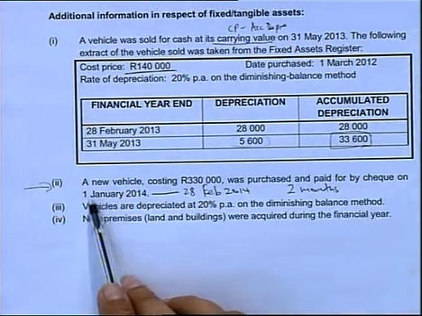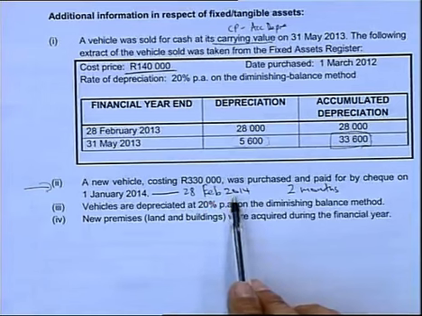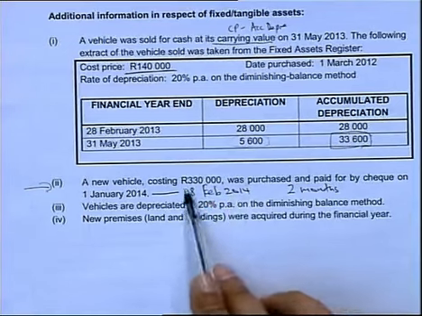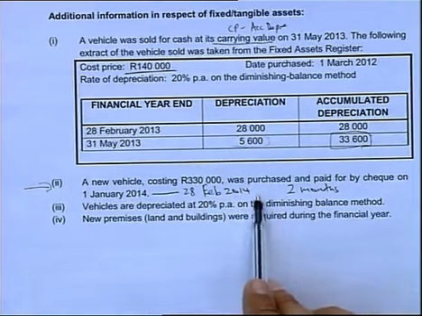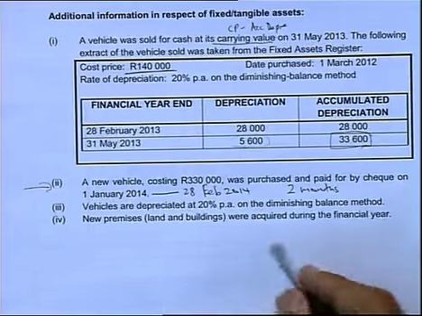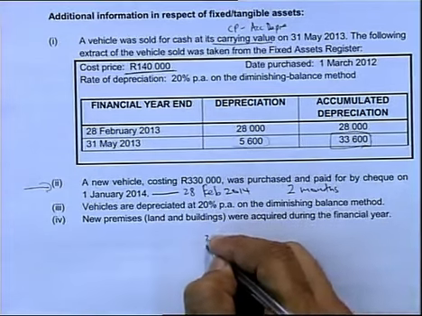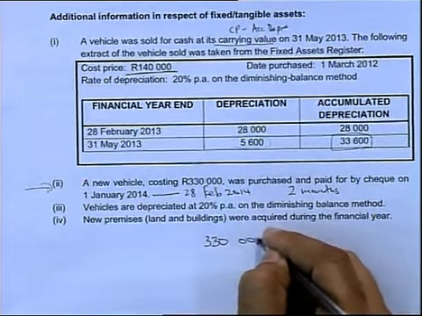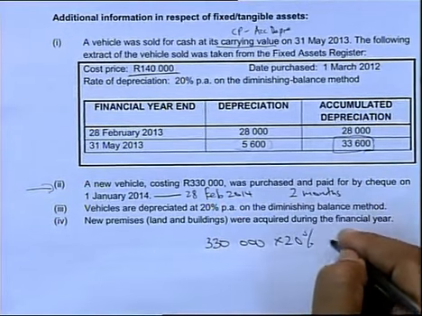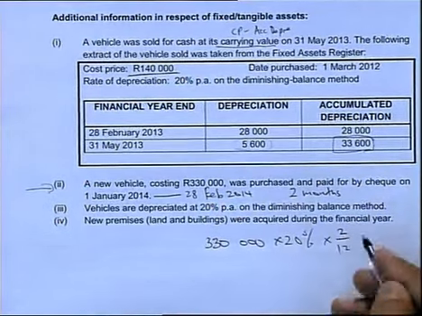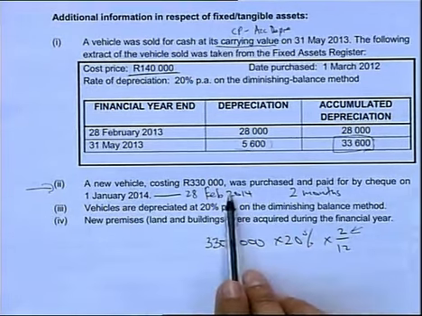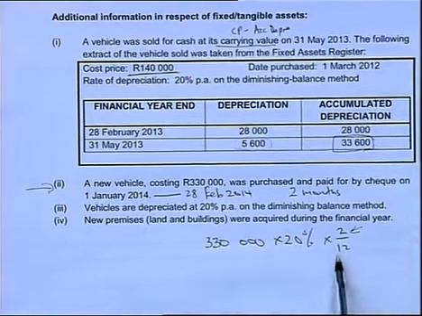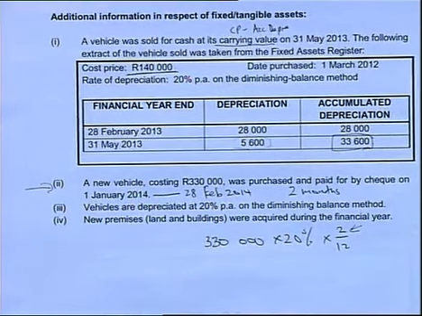So you have the vehicle for January and you have the vehicle for February, and February is also the end of the financial year. So the vehicle will only depreciate for 2 months. That's why we're going to say 330,000 times 20% times 2 over 12. The 2 months that we have to depreciate it for is January and February. Okay, I hope that answers that.